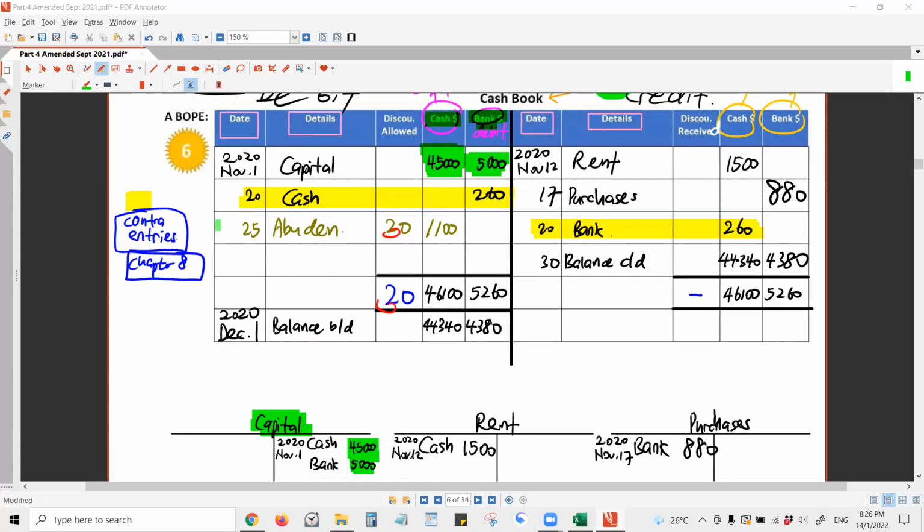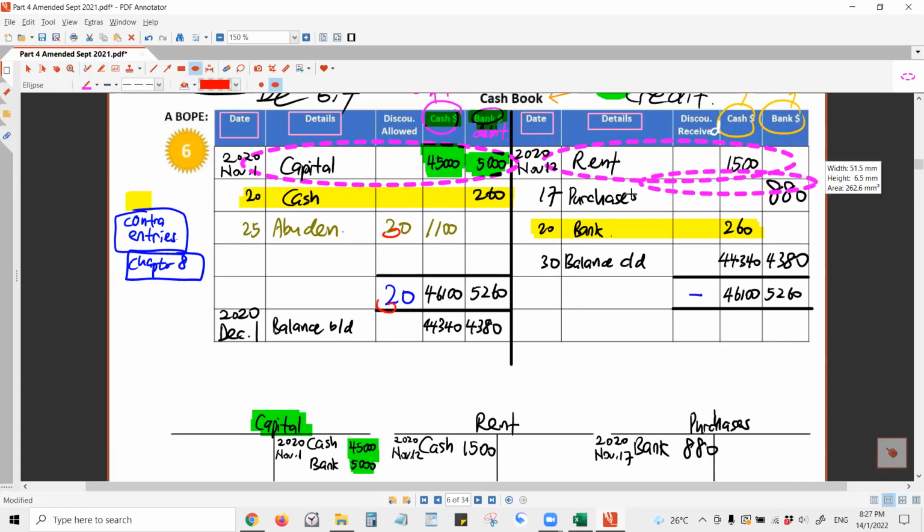So that's why it's important to look carefully at the position of the number. That's a very common mistake where students may tell me that this is debiting capital. No, this is not debiting capital. This is not crediting rent. This is not crediting purchases. This is not debiting cash. You have to look at the name of the account and the position of the numbers.